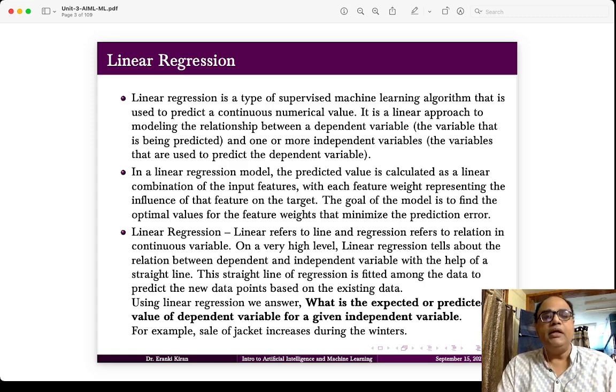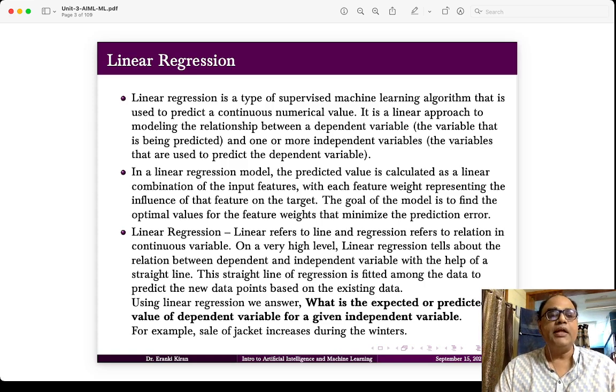Basically in linear regression models, you will try to fit the data to a line. Linear here refers to the line, and regression refers to the relation that we try to determine between a dependent variable and the independent variable. On a very high level, linear regression tells about the relation between the dependent and independent variables with the help of a straight line.